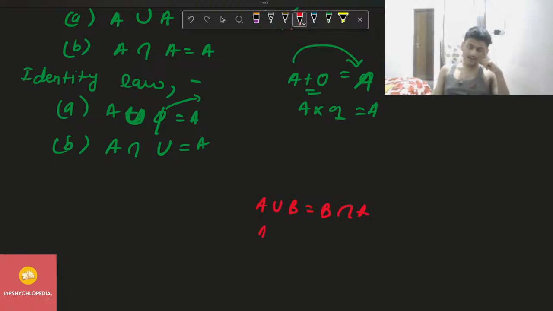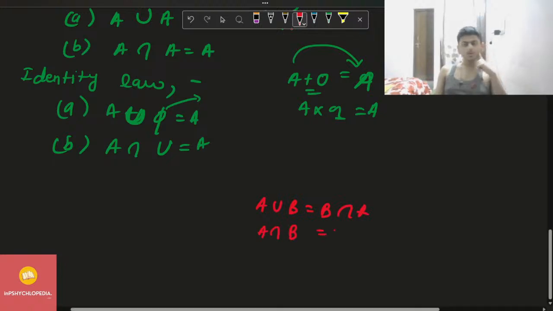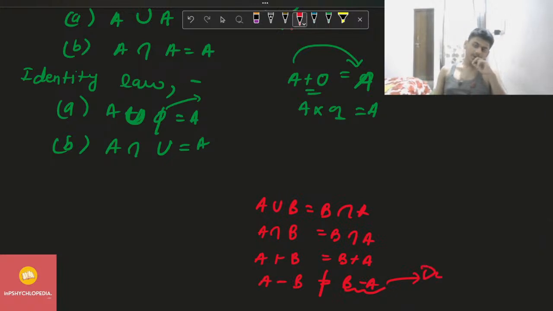Then comes A intersection B is equal to B intersection A. Then comes A plus B is equal to B plus A. And there is one thing, A minus B is not equal to B minus A. So subtraction of sets does not follow the commutative law.